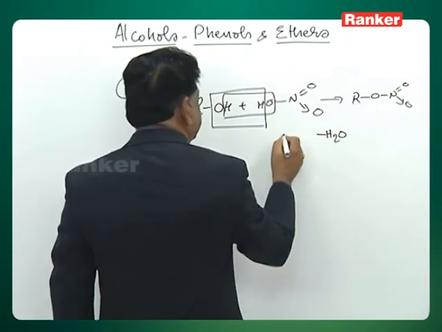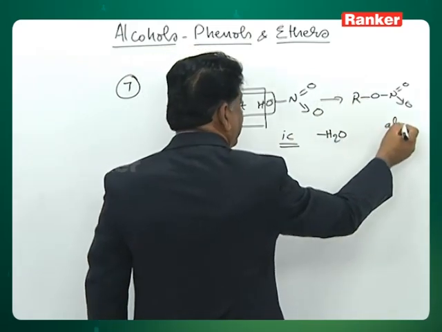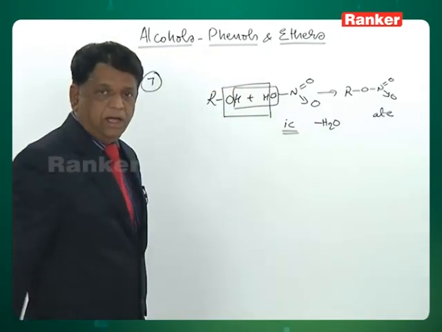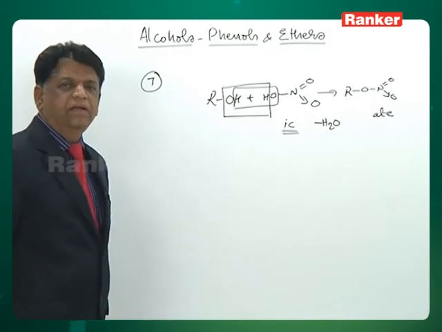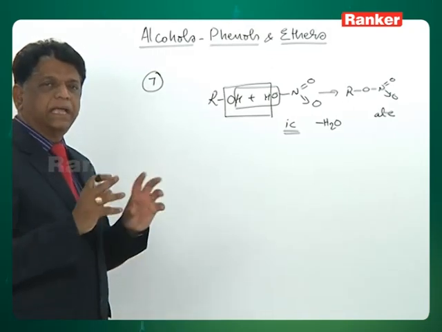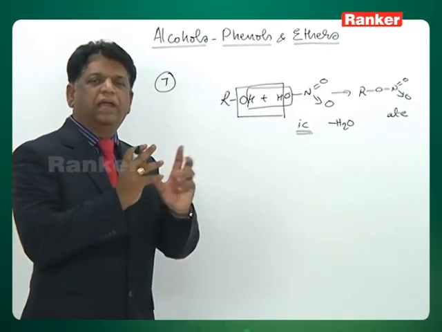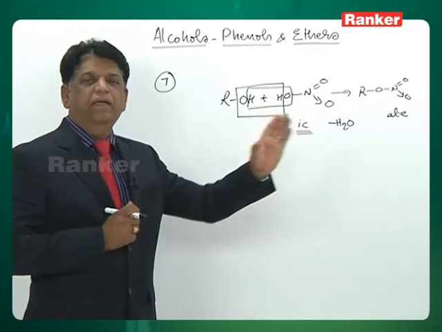It is an "-ic" acid. Therefore the salts formed are nitrates, "-ate". So this is called an alkyl nitrate. Alkyl nitrate is definitely an ester, but it is not an ester of a carboxylic acid and alcohol, where both are organic, isn't it? So an ester is purely organic. But here part is organic, part is a mineral acid.